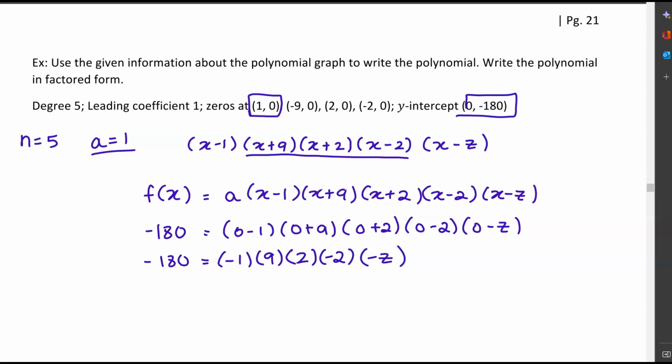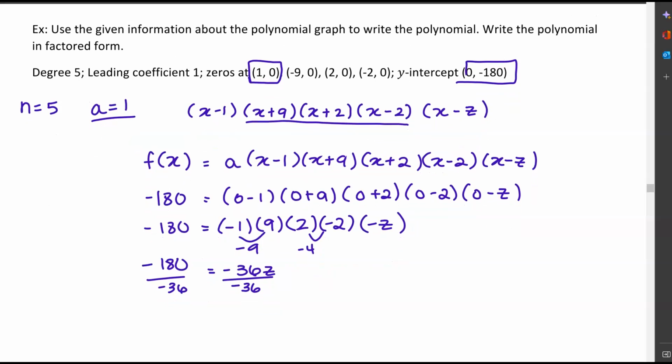This equals negative 180. So here this gives us a negative 9. This gives us a negative 4. Negative 9 times 4 gives us a positive 36, but we get a negative there, so this is negative 36z equals negative 180. So let's go ahead and divide both sides by negative 36. Okay, so then we end up with z equals 5.